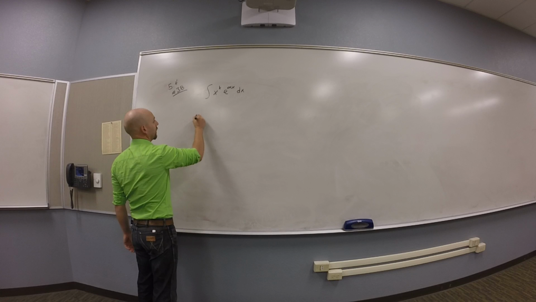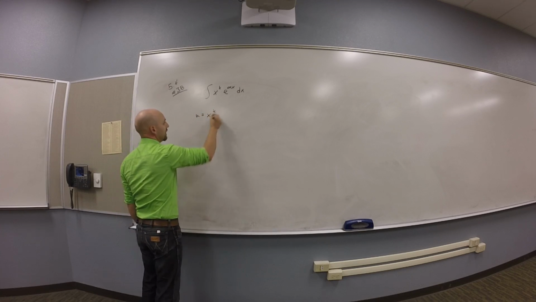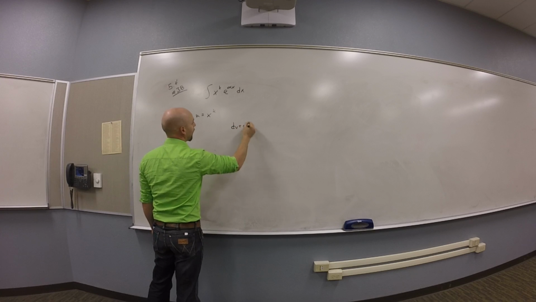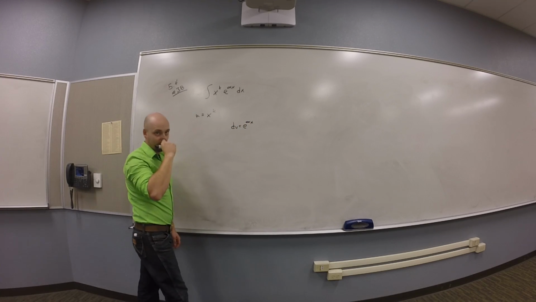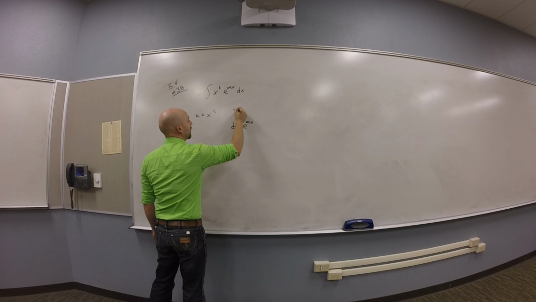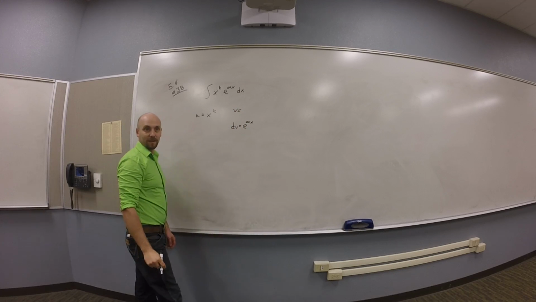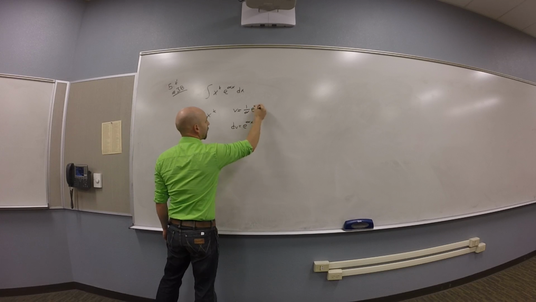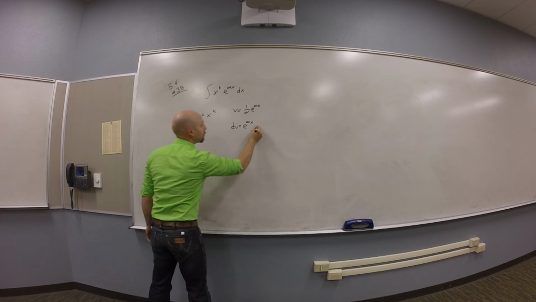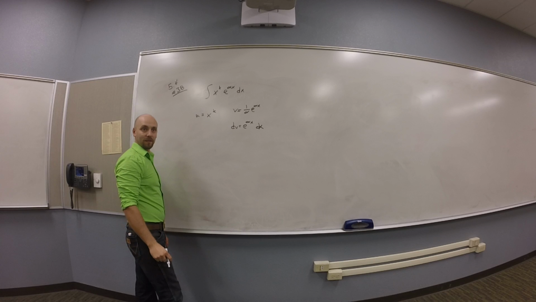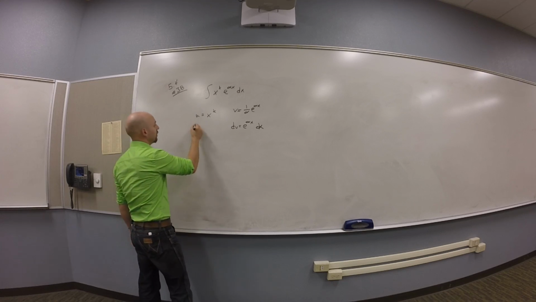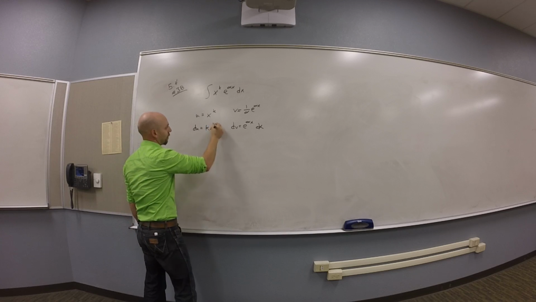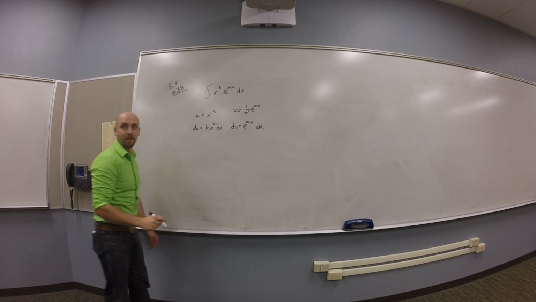So I'm going to pick u as x to the k, and dv is e to the alpha x dx. Right, and then v is 1 over alpha e to the alpha x. And then du is kx to the k minus 1 dx, right?